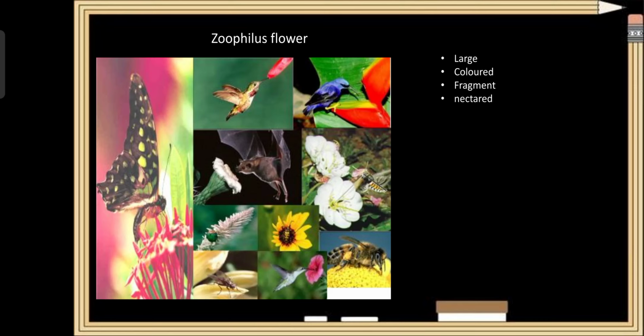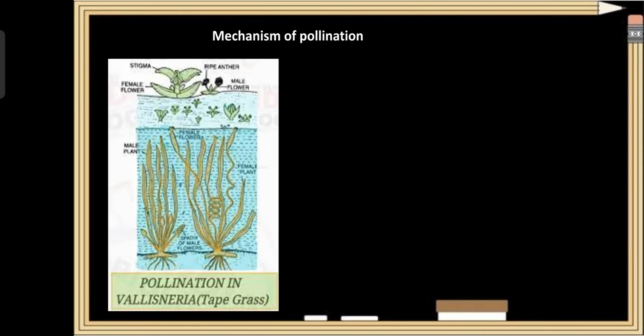Now we will discuss the next concept, the mechanism of pollination, especially in the water plant called the Vallisneria. So the Vallisneria shows surface pollination. So what is a Vallisneria? Vallisneria is a completely submerged aquatic plant.